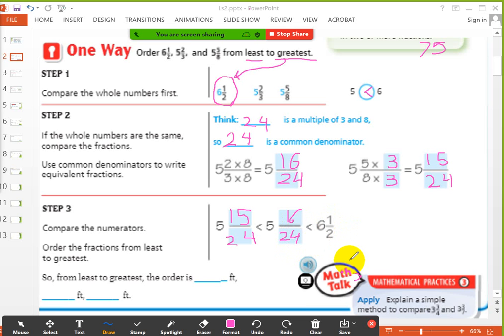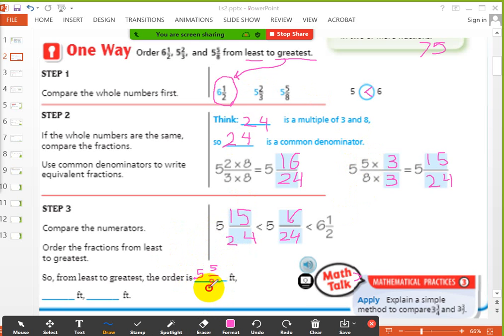Okay? So if you want to order the numbers from the least to the greatest, I will return to the first fraction. 5 and 15 over 24 is 5 and 5 over 8. So this is the least number, 5 and 5 over 8.